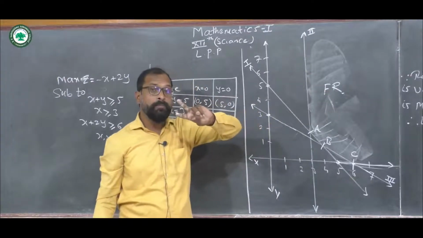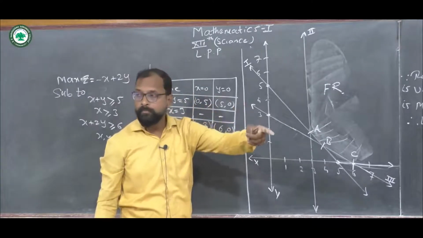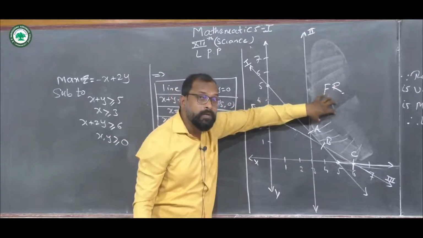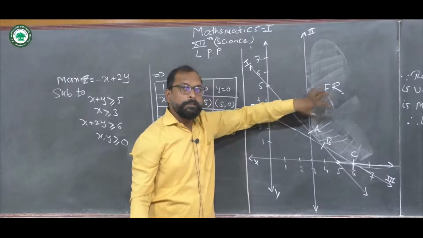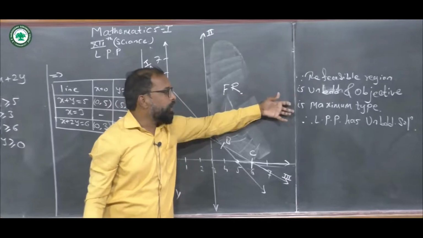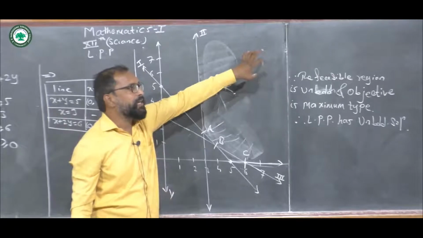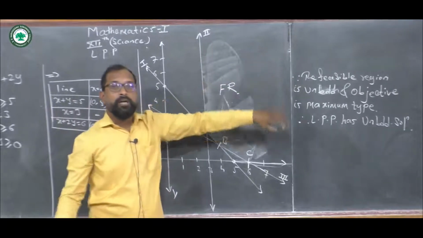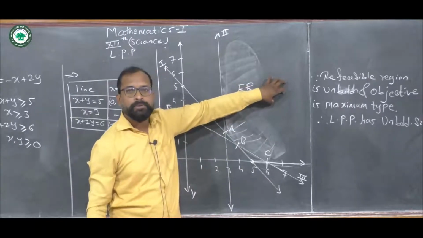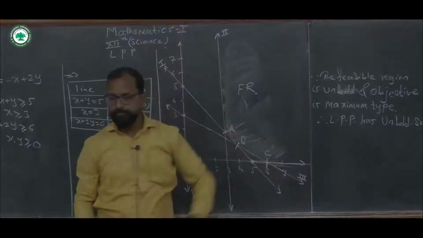If both conditions are satisfied, that is, first the objective function is of the type maximization, and second the feasible region is an unbounded region, in that case we say that the given LPP has an unbounded solution, because it includes the point at infinity at which the objective function gets the maximum value, but we cannot determine it.